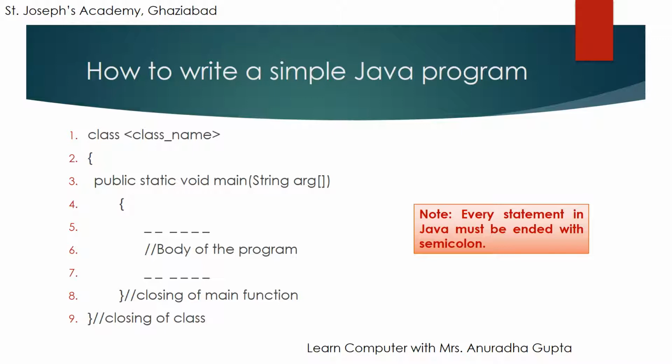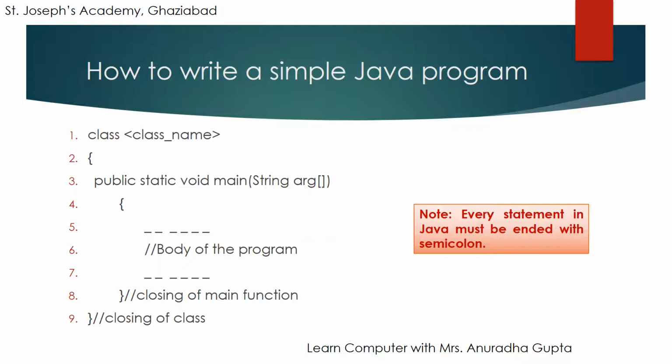Then comes line 2. In line 2, we always put one opening curly bracket which shows our class starts from here. Then in the third line: public static void main, parenthesis, String args, then square brackets. This statement consists of a lot of keywords which, as they are, will go in every program.